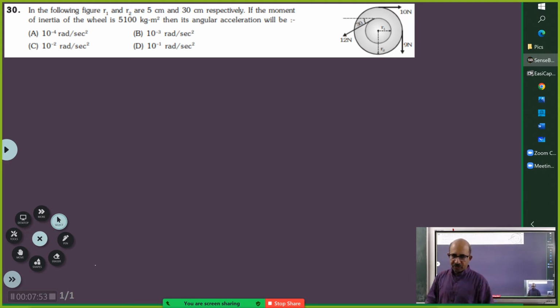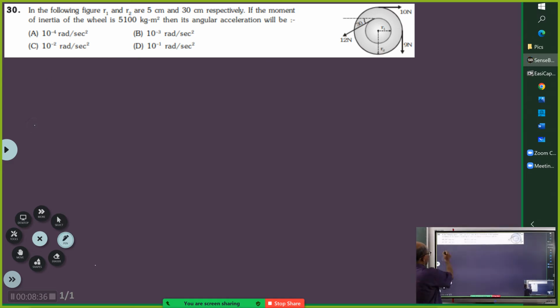Where are the forces? Where are the torques? Here there are two torques acting, one torque for 10 and another torque for 9.